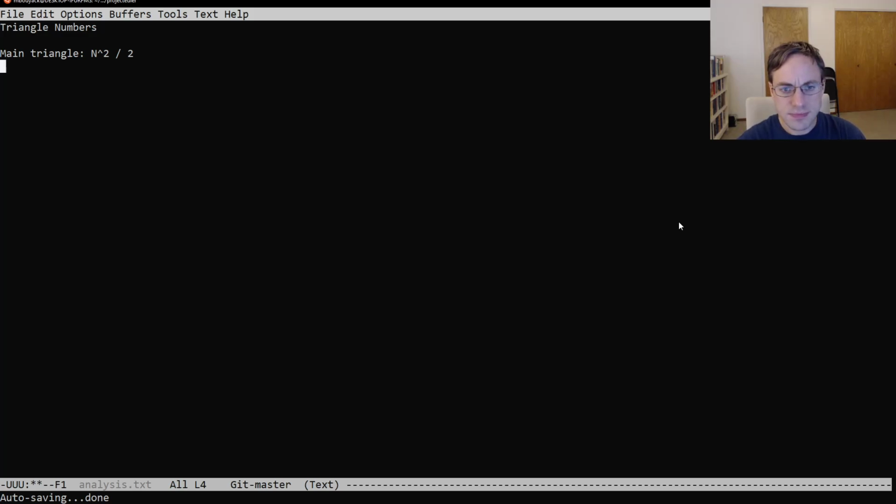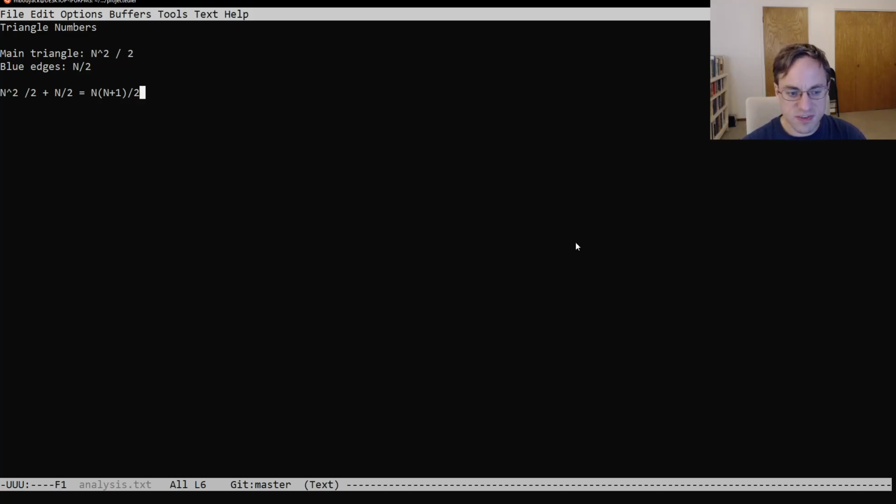And we'll just call those blue edges. And that's going to be n over 2. And so then we can just add those together and we get n squared over 2 plus n over 2. That's going to give us n times n plus 1 over 2. And that's, in fact, the equation for the triangle numbers.